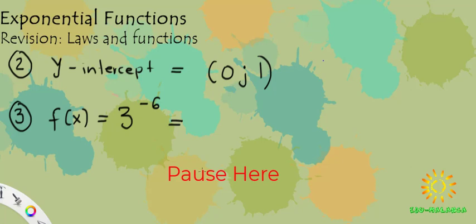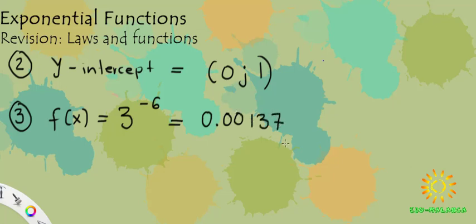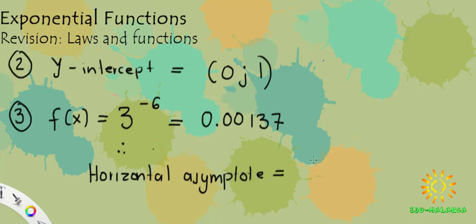Again, use your calculator to check this. In my calculation, I found that it's equal to 0.00137. So the numbers are getting smaller and closer to the x-axis, but they're still not touching it. So therefore, the horizontal asymptote is equal to the x-axis.